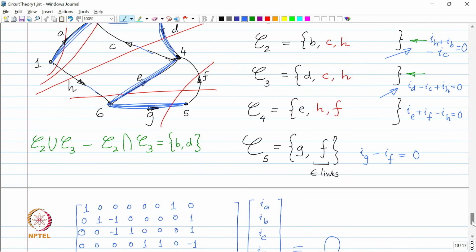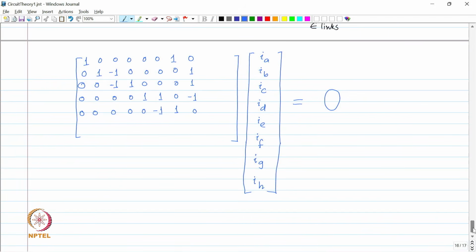So, all other KCLs can be obtained by combining these different rows, right, linear combinations of the different rows in this matrix. In this matrix different rows linearly, if I combine them, I will get all other possible KCLs, fine.